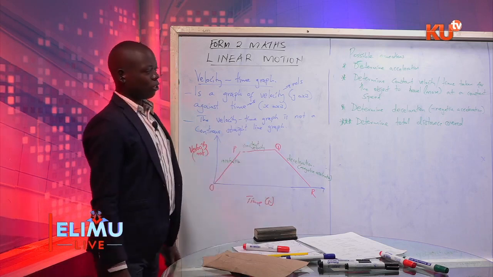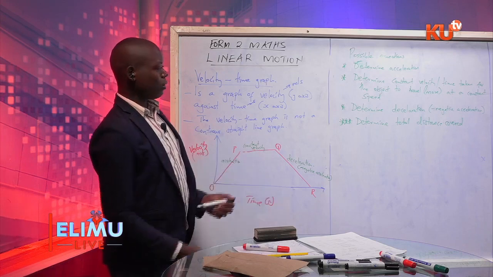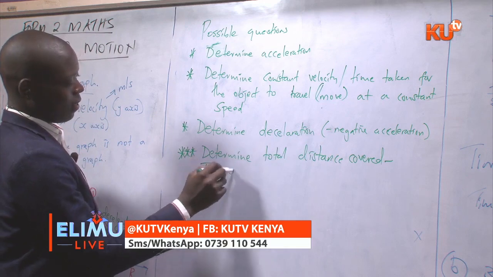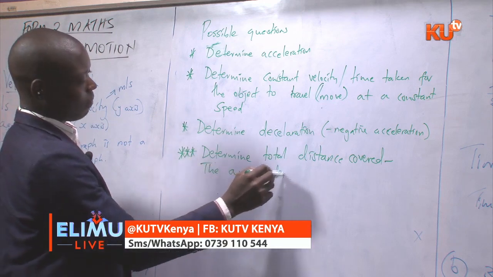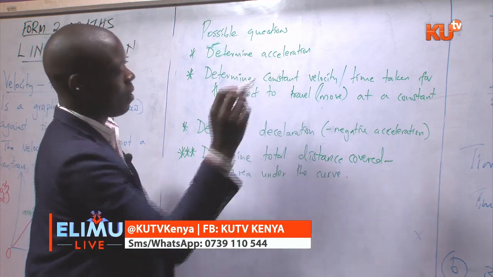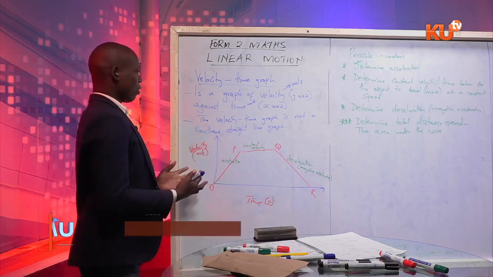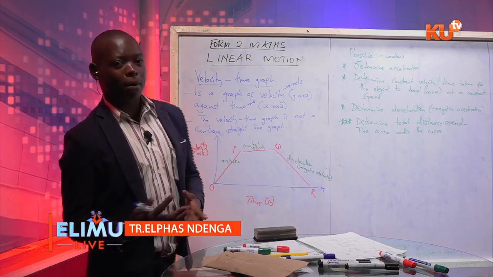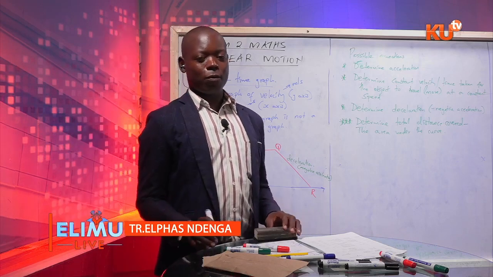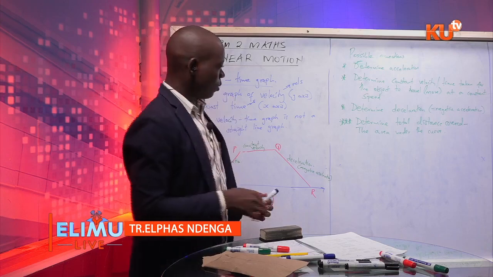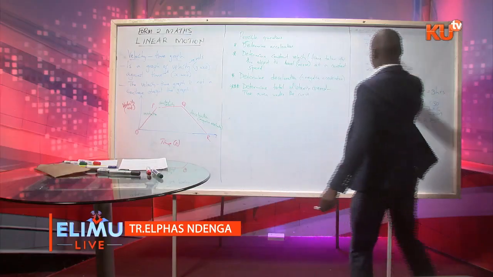Subdivide them and calculate the total area. That will give you the total distance covered. So this one, simply get the area under the curve. If you understand those areas, then you'll be able to work out questions on velocity time graphs. And they are very good graphs because they prepare you for what you shall be doing in Form 4, some years to come, in calculus. So let's look at one question on this, and then we conclude our lesson.